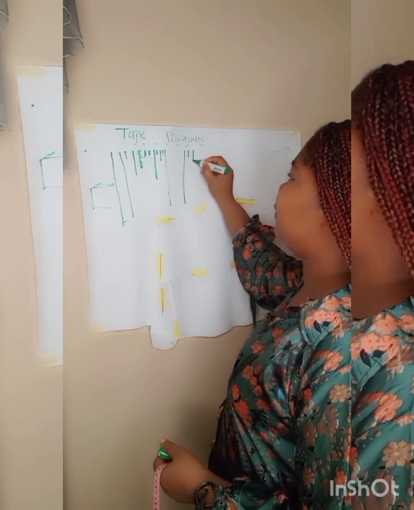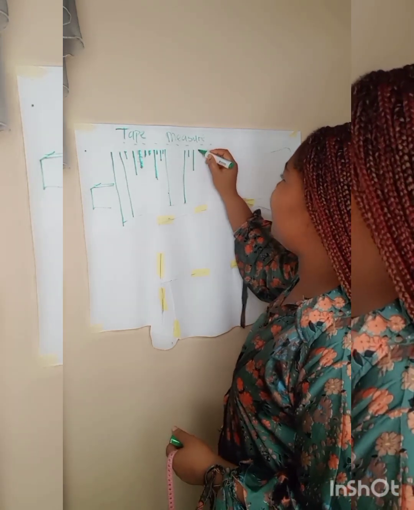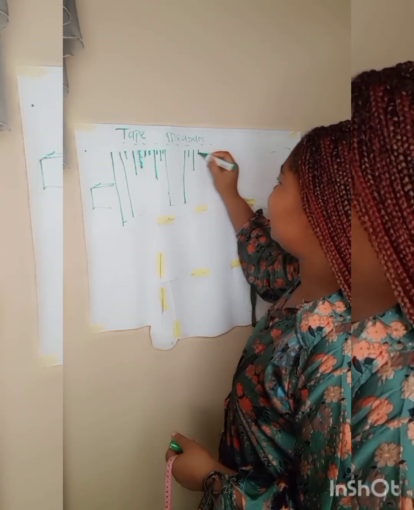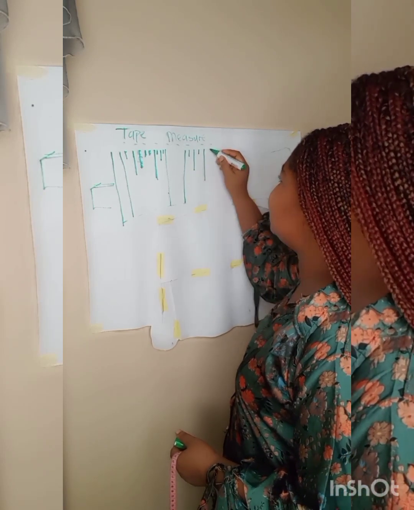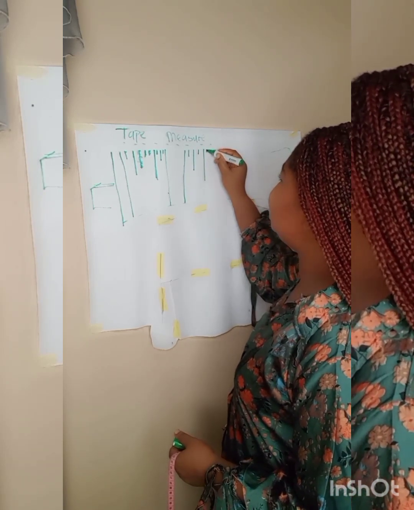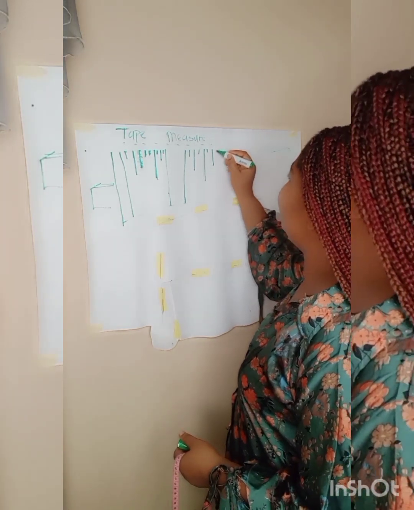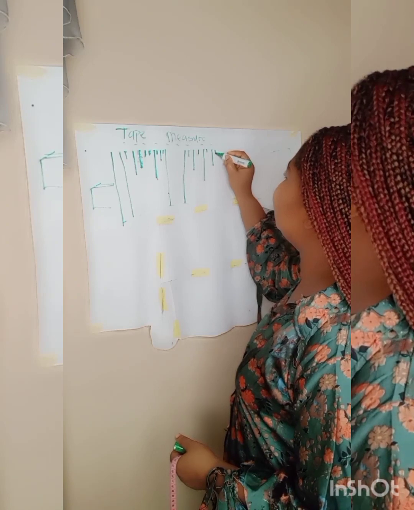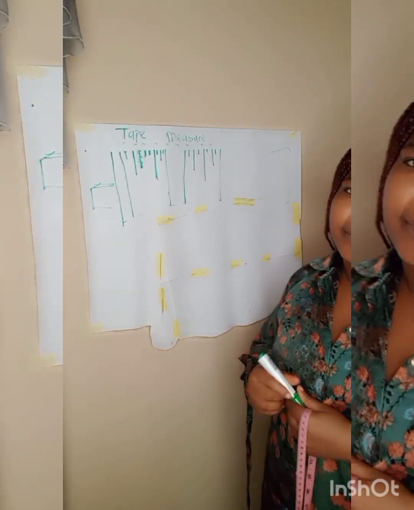After that little dot, you have another bold line followed by a little dot. And after that, you're going to see another long bold line that is longer than this, followed by a little dot and another bold line followed by a little dot, before you have the big bold number.